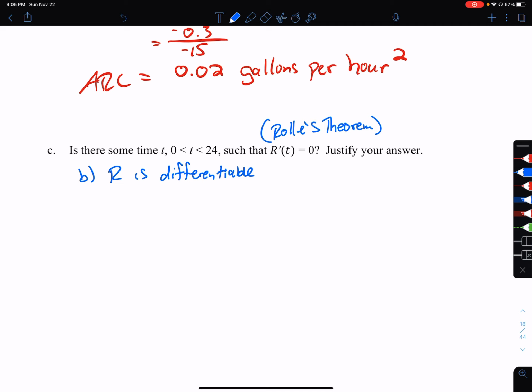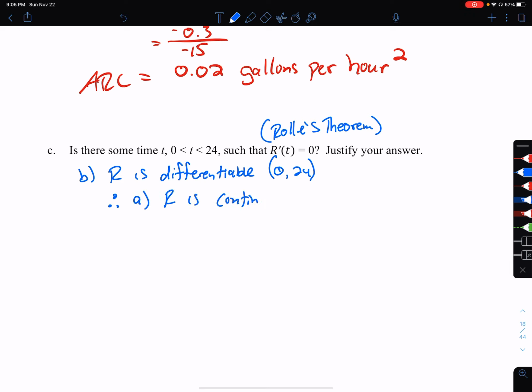On this interval. It says a 24-hour period. And that's an open interval. And that implies that r is continuous. I'll just say this, therefore, r is continuous.